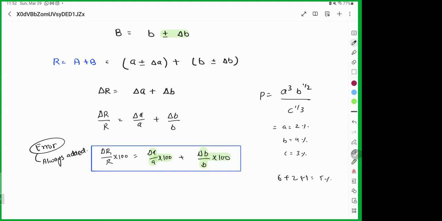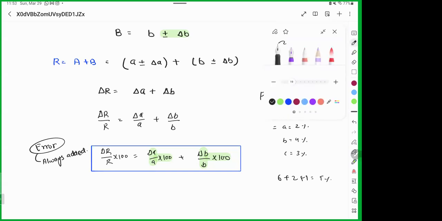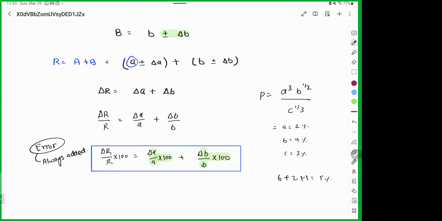In error, questions of this type only come. Error is always added, even the difference error. The main values will be normal, like the a value or b value. They can be added, subtracted, multiplied or divided. Anything can happen with the main value, but this error difference is always added. That's what I'm trying to convey.